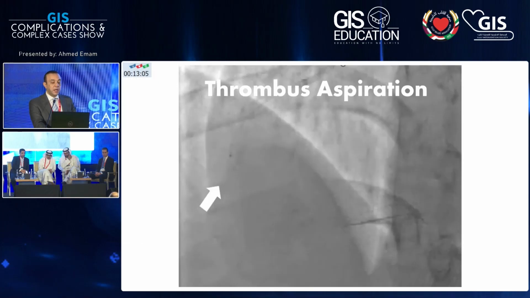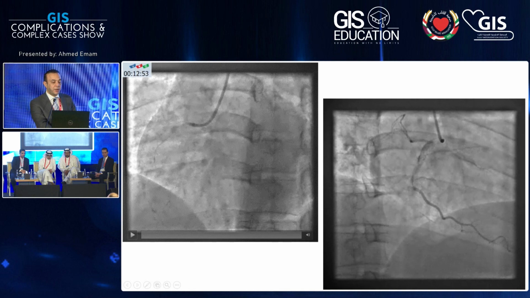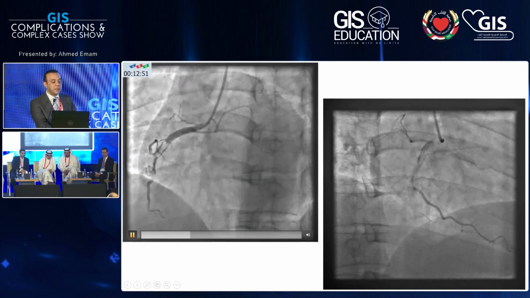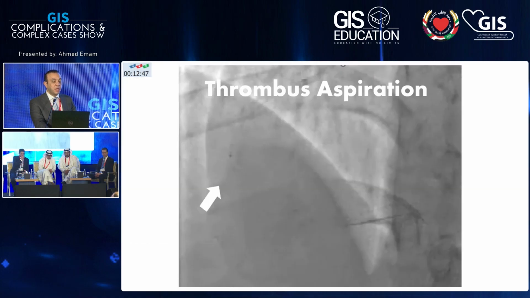Immediately we managed to cross the occlusion. We used a hydrophilic wire. It was really tricky to pass this branch here, the marginal branch, but anyway, we managed to cross the occlusion.